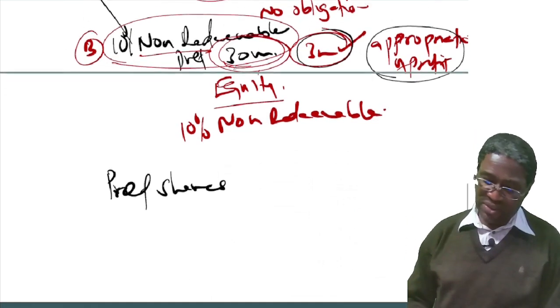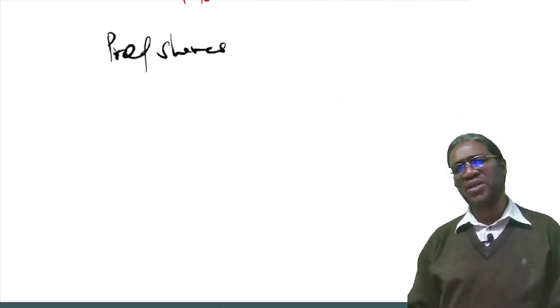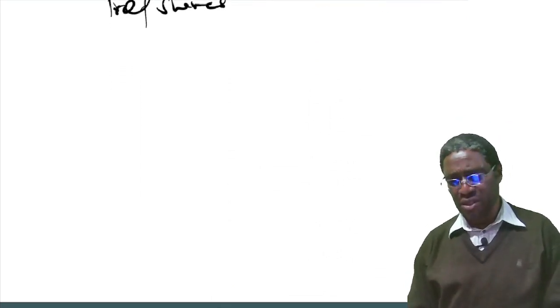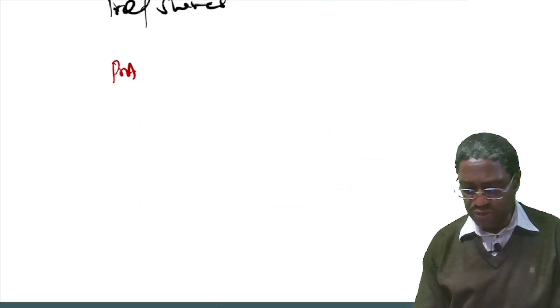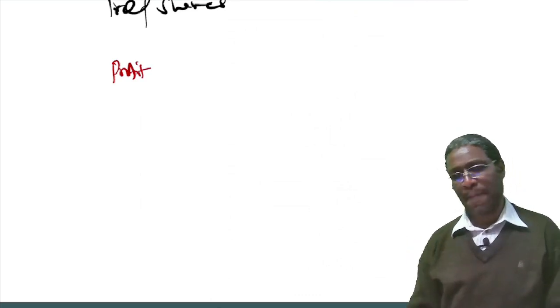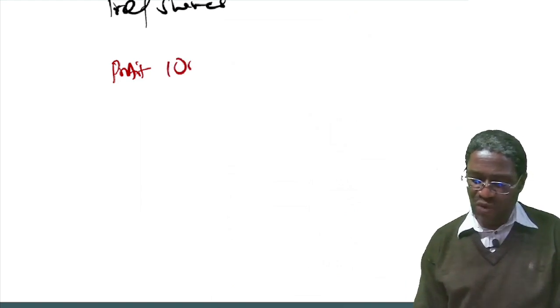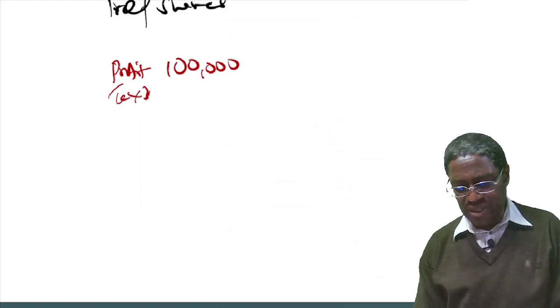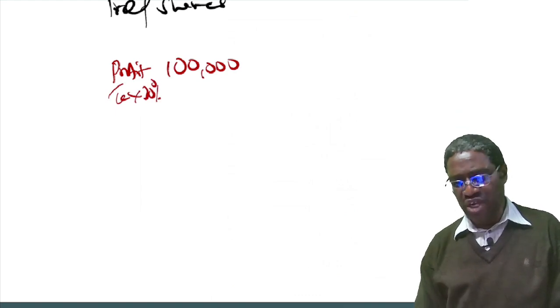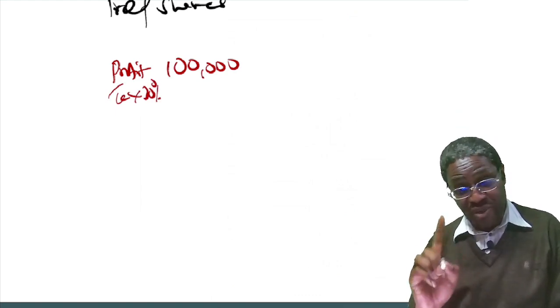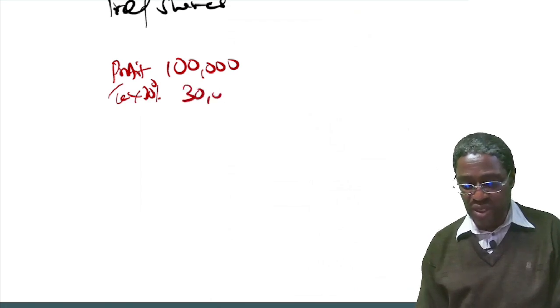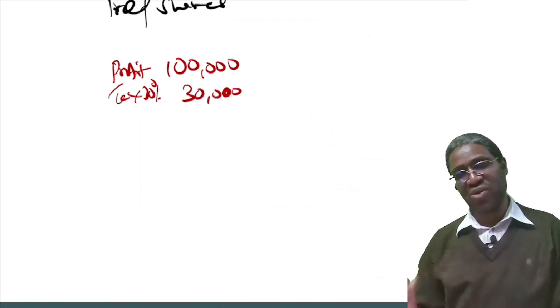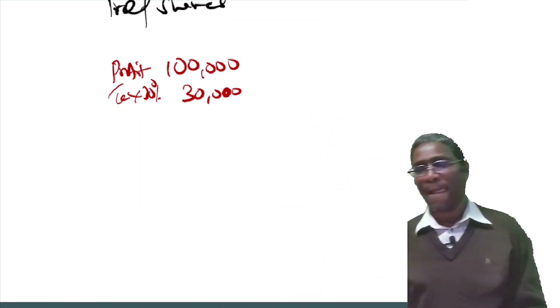Now let me start. As a company, you made a certain amount of profit, whatever it is. Let us assume you made a profit of 100,000. If the tax rate is 30%, you think you will pay 30,000.